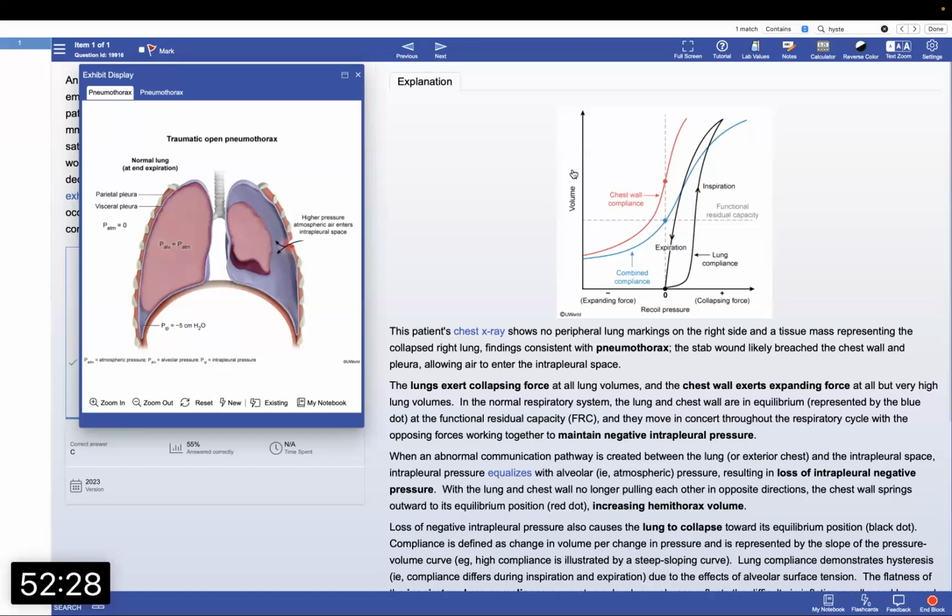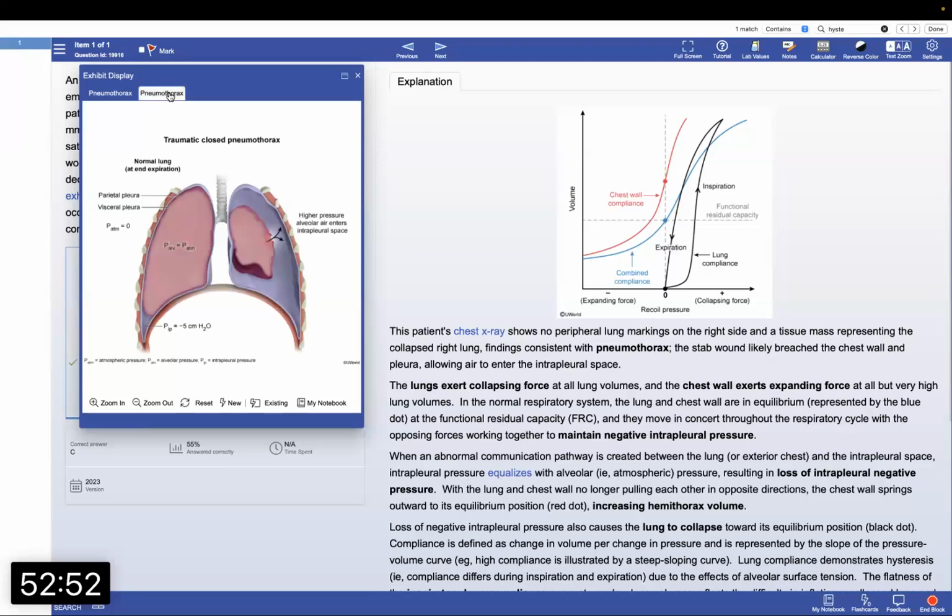If you plot X, if this was, let's say 10, this became 15. Pressure, if it was initially at this point, is going up. I don't know. But chest wall compliance will go up and lung compliance will go down. That's my understanding.